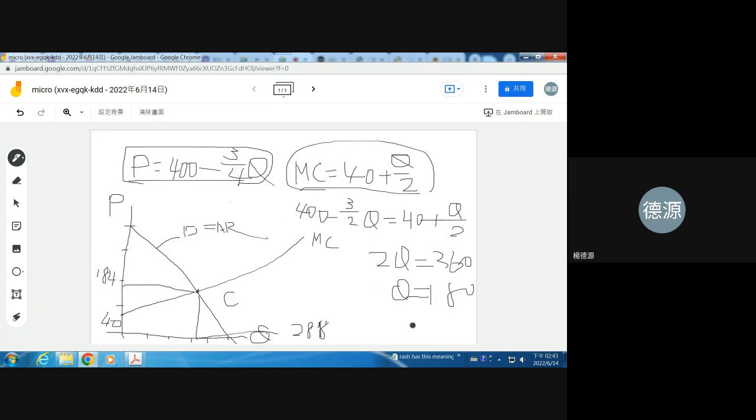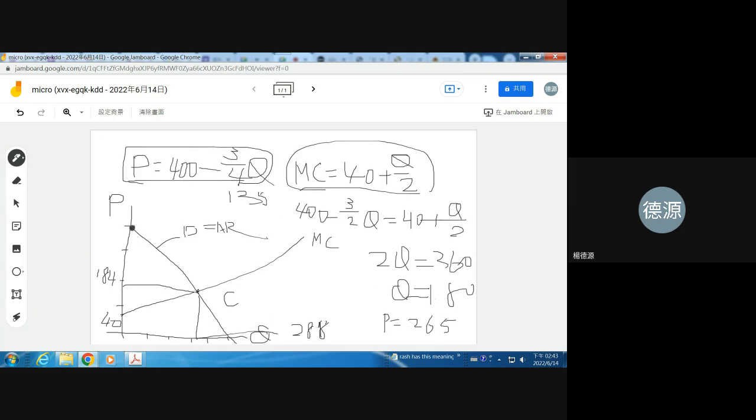So here, price is equal to, let me figure that out, 400 minus 3/4 times 180, so it's 135. So then the price is equal to 265.